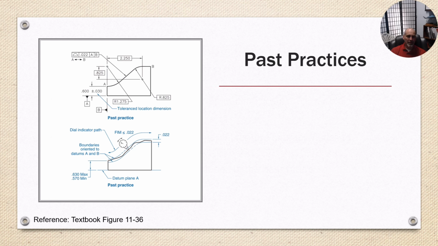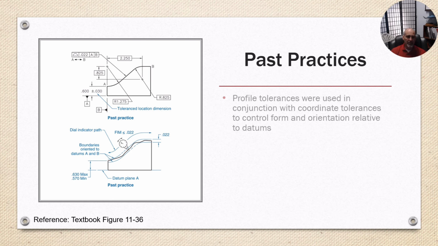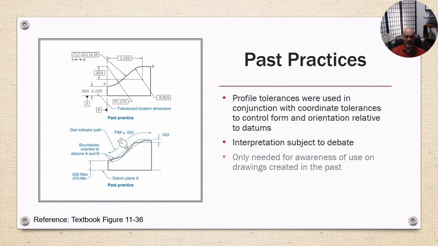Okay, past practices. These are things you might see but are not part of the current standard. Profile tolerances were used in conjunction with coordinate tolerances to control form and orientation relative to datums. It's not used in the current version of the standard. Interpretation is subject to debate and only needed for awareness of use on drawings created in the past.